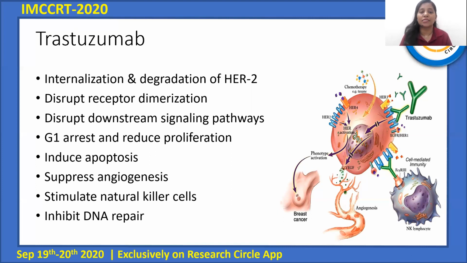It also suppresses angiogenesis, stimulates natural killer cells, and inhibits DNA repair. Trastuzumab was launched in 1998, and it is showing a very promising effect in cancer treatment by different mechanisms of action. I have already listed the mechanisms with which trastuzumab shows its effect.